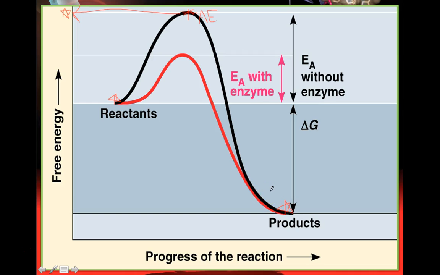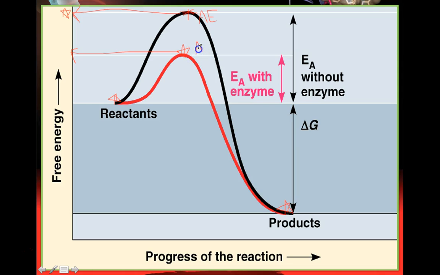Now let's move on to the red line. The red line, as stated before, is starting in the same reactant point as the black line, but if you'll notice, our point of activation energy is much lower than it was in the black line.